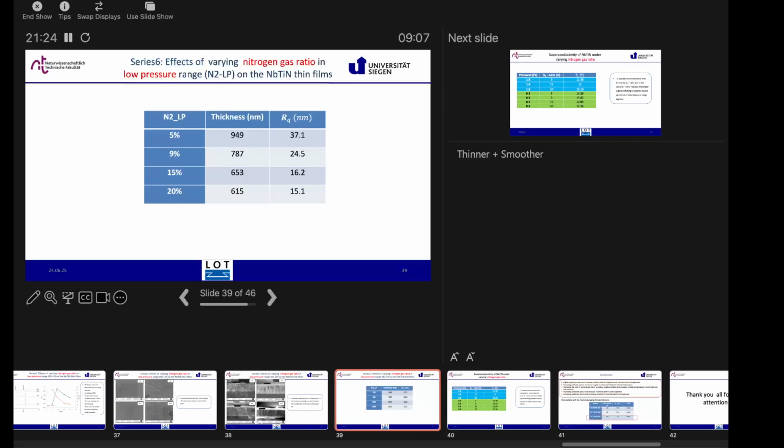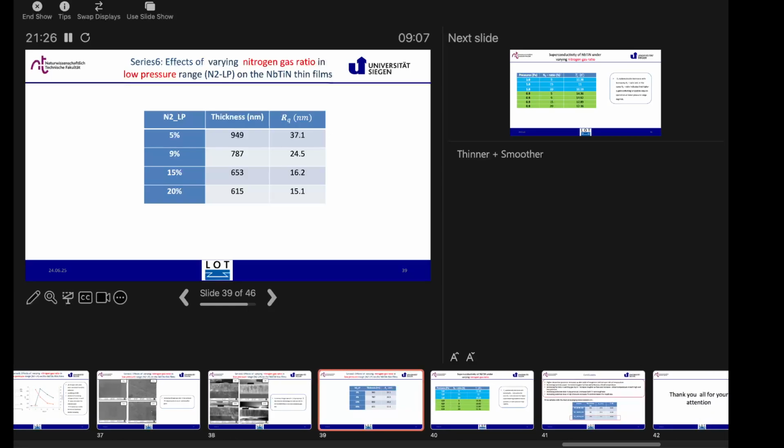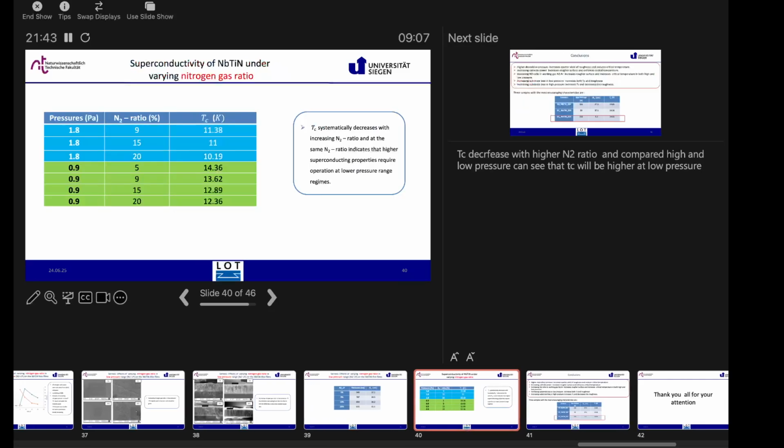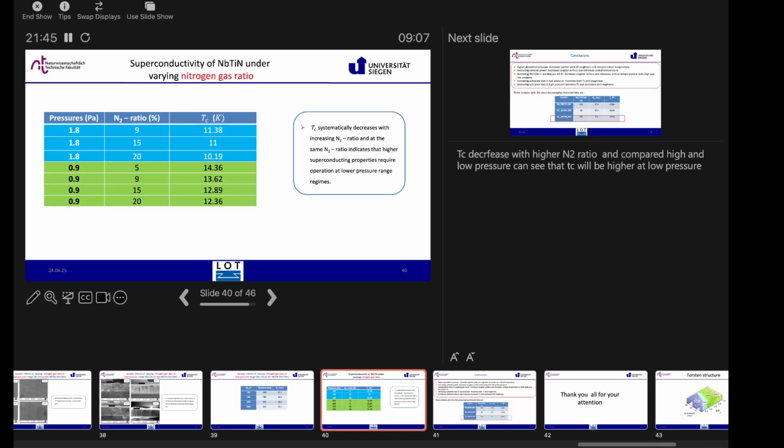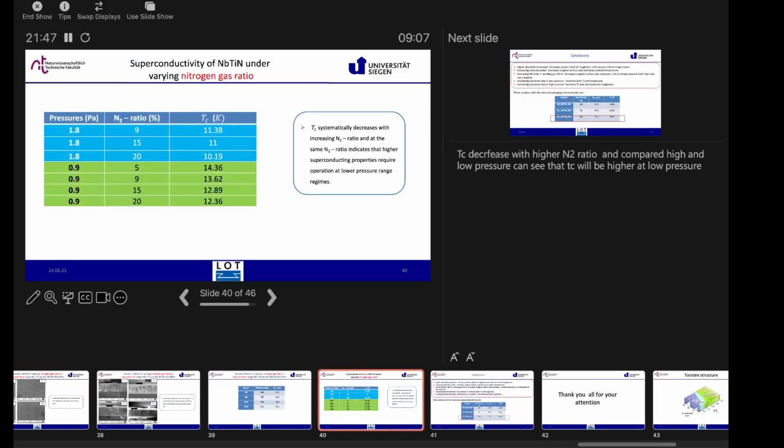Here is the last conclusion table of nitrogen gas ratio in the low pressure range. The thickness apparently decreases, and for the roughness, we got a smoother surface with a higher nitrogen gas ratio in the low pressure range.